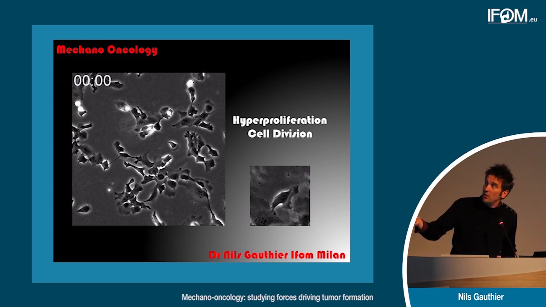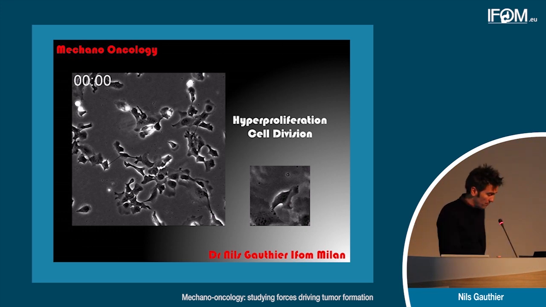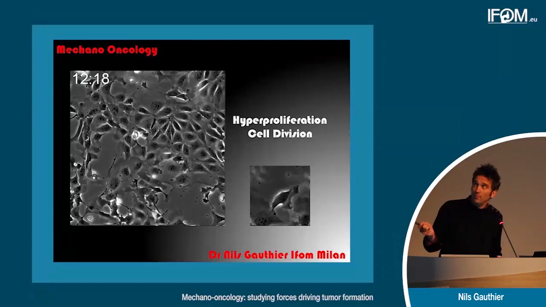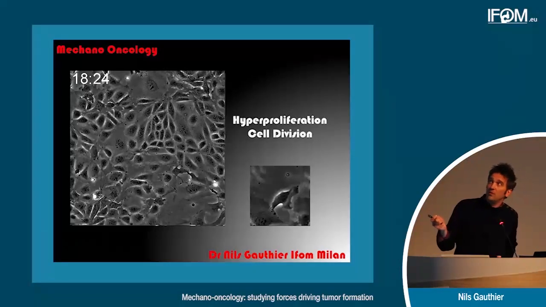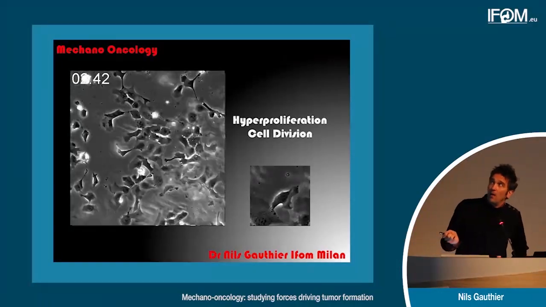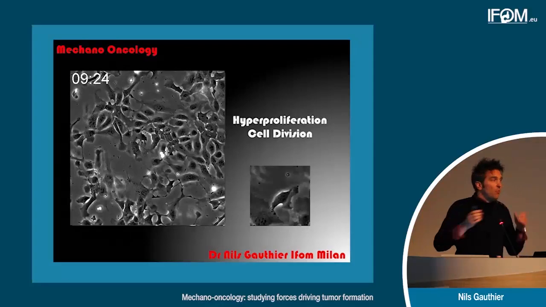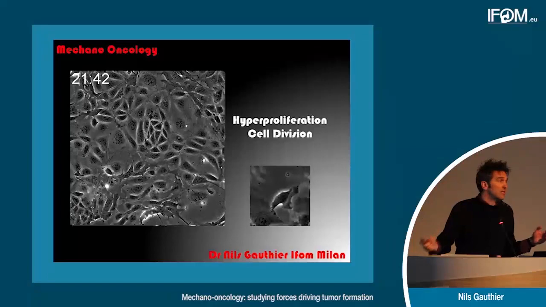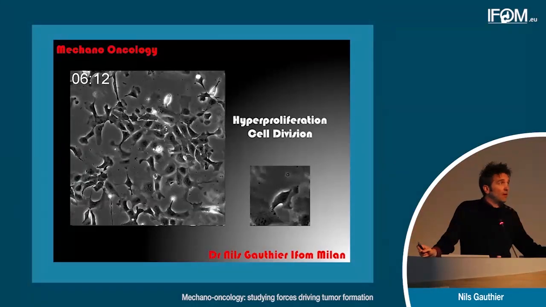You can see each of these little guys is a cell. And in about 24 hours, you have cells that grow, and you see 9, 12, 13, 14, 15 hours. And what you see, progressively, is that they invade the entire space available in this experiment.